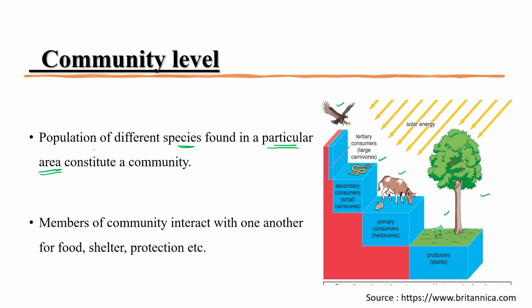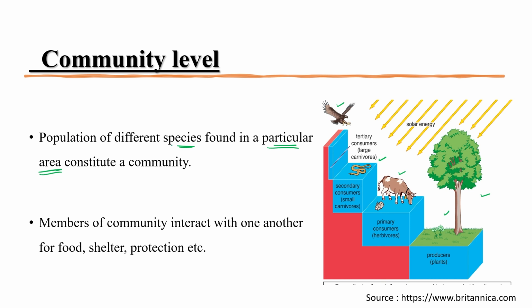So the populations and all the species are different, but what is common among them? The area is common. They can utilize that area for their benefit, and to help each other up to a certain extent. They also compete with each other for resources, but they live in a particular defined area, right?